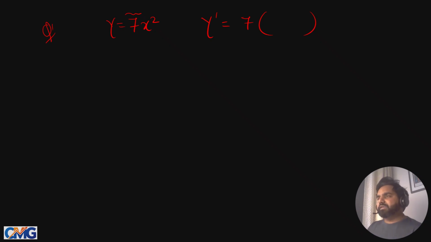The differentiation of x square is 2 will come in the front, and the power will get reduced by 1. So this becomes 7 times 2 times x to the power 1. This is your final differentiation.